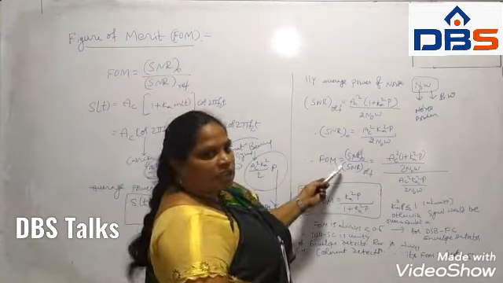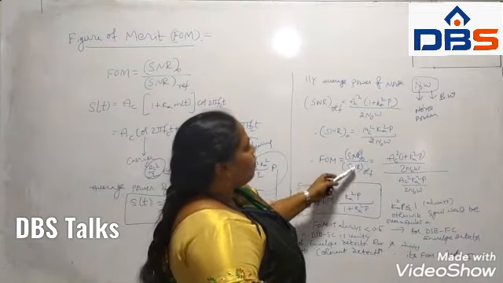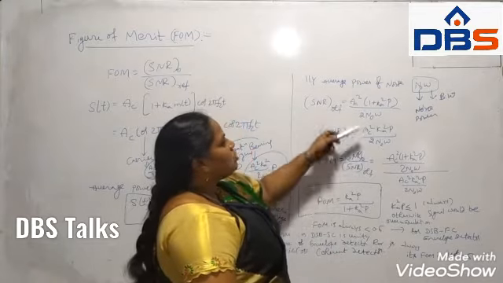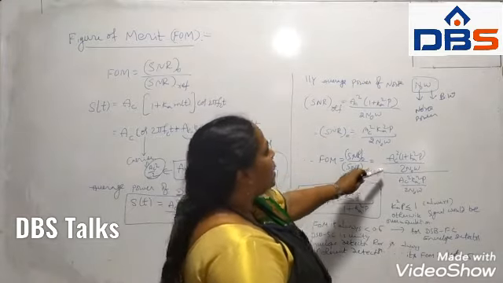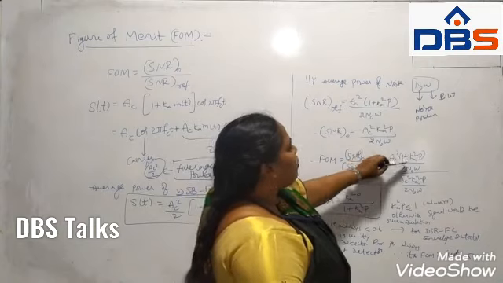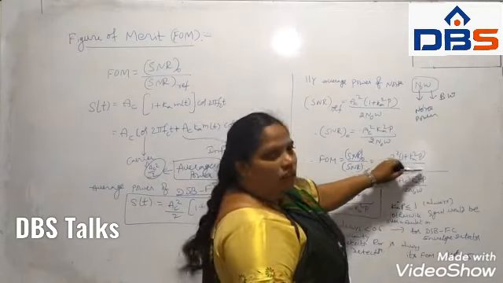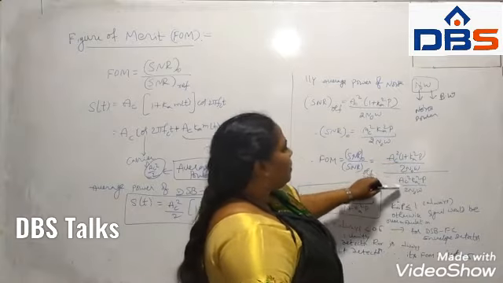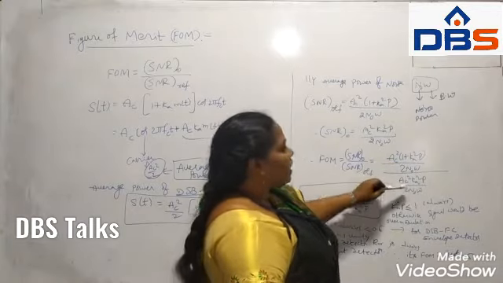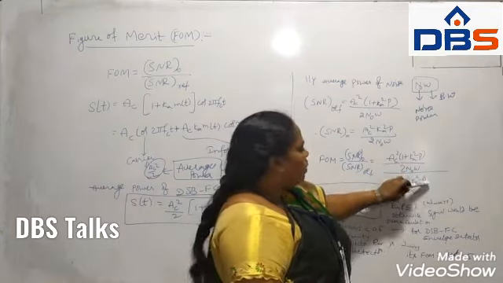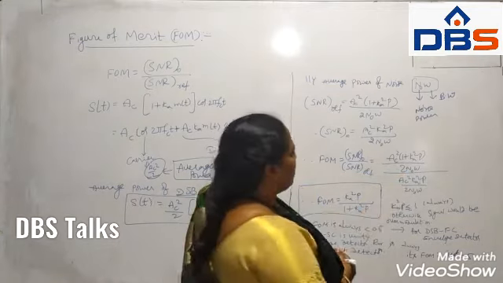The figure of merit is equal to the ratio of signal to noise ratio output to the reference. Substituting these two values in the equation, we have AC square Ka square into P by 2 N naught W divided by AC square into 1 plus Ka square into P by 2 N naught W.